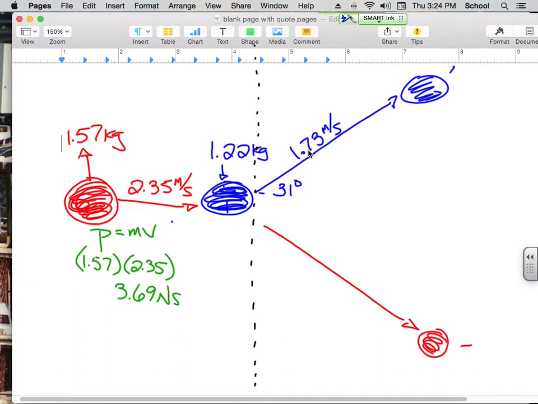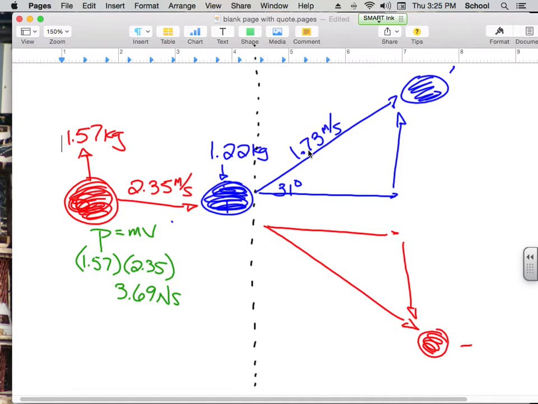So the blue ball is going to go both forward and to the left, and the red ball is going to go forward and to the right. The total forward is 3.69, so the red and the blue going forward have to add up to 3.69. Originally we had nothing going off to the side, so the total going left will have to equal the total going right.